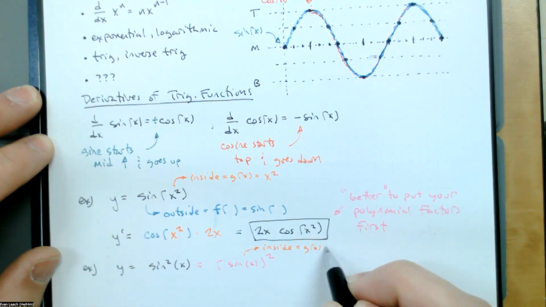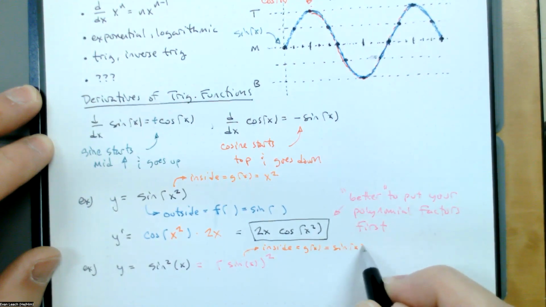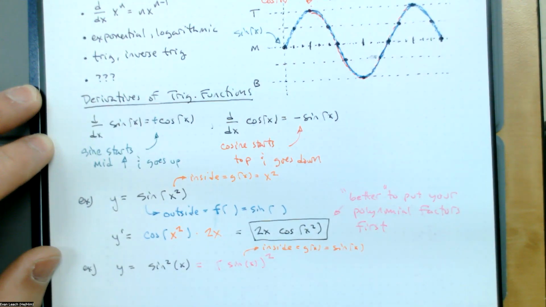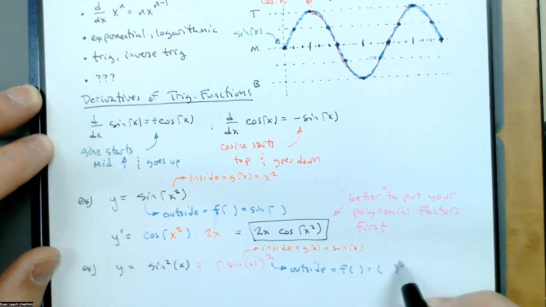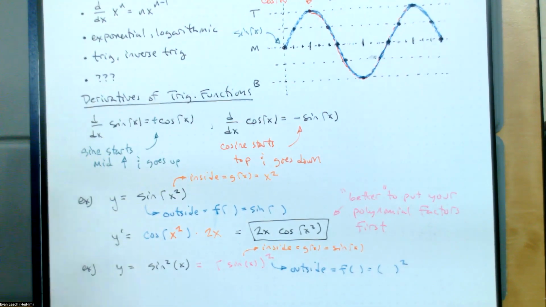So our g of x is sine of x, and our outside function, or f of stuff, is stuff squared.